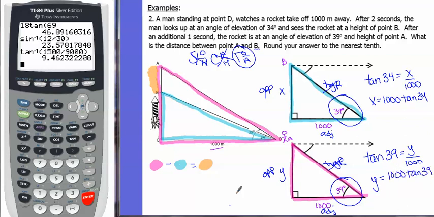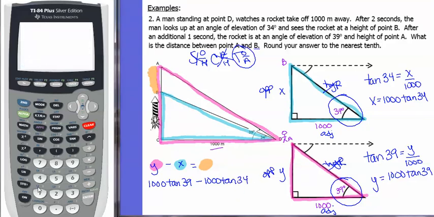Now I could do all this in my calculator and get numbers, and I will, but I want to show you this. This is y, this is x. So I could just plug in what I have here. I could say 1,000 tangent of 39 minus 1,000 tangent of 34. Now when I do that in my calculator, I'm going to go ahead and clear this out.